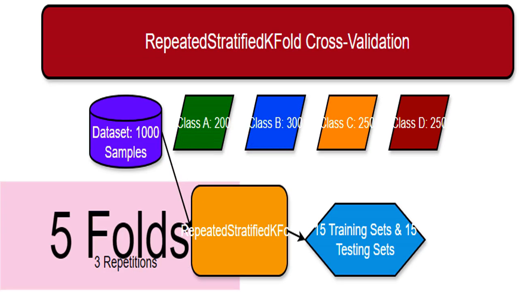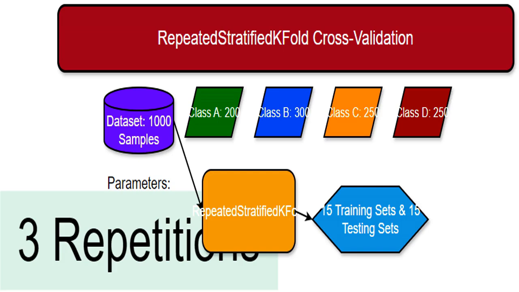The 5 folds refer to the number of times the dataset will be split into training and testing sets in each repetition. In each repetition, the dataset is divided into 5 parts, with 4 parts used for training and 1 part for testing. The 3 repetitions indicate that the entire 5-fold cross-validation process will be repeated 3 times.